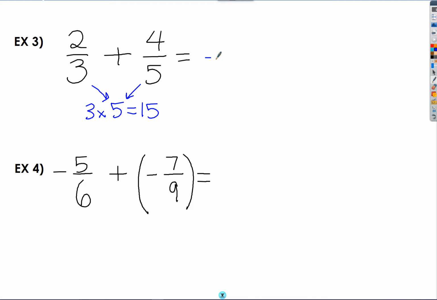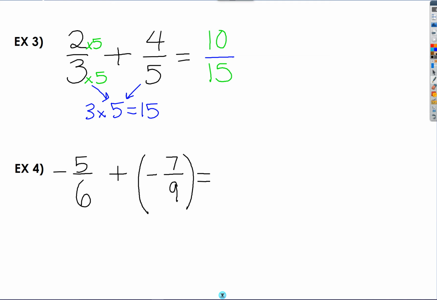So for my first fraction here, which I'll do in green, to get 15 as my denominator, I would multiply this by 5, which happens to be the other denominator. And then if I do that to my denominator, I need to do that to my numerator, so I don't change my fraction. And I get 2 times 5 is 10, and I get 3 times 5 is 15. So that's my first fraction with a common denominator of 15.